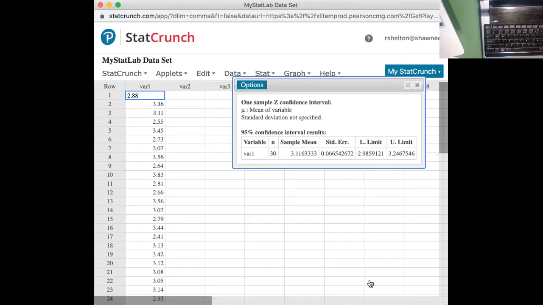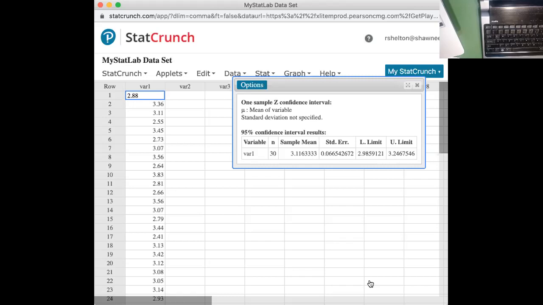So let's write that down. Our confidence interval, this is a 95% confidence interval. Lower limit is 2.9859, upper limit 3.2468. There's our interval. And we have our standard error there. I'm going to just jot that down.